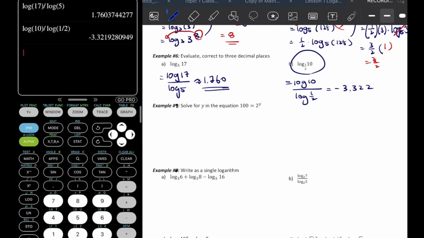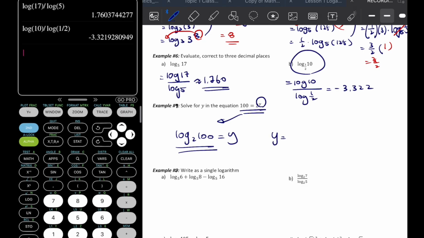For question number 7, we need to solve for y in the equation 100 equals 2 to the power of y, right? So to solve this exponent format, you first have to change the format of this exponential equation into a logarithm equation. We can change its format to log base 2 of 100 equals y, right? Then solving this can give you the correct answer for y.